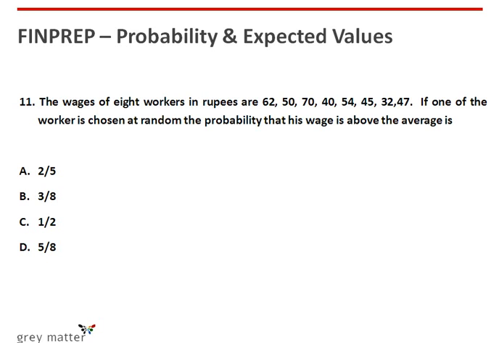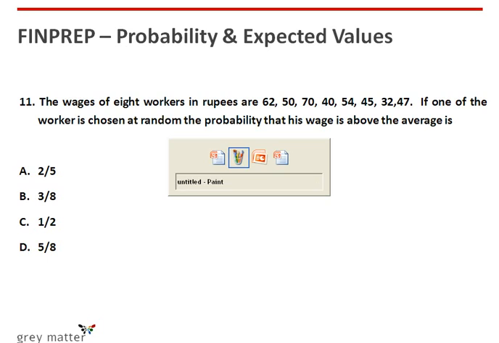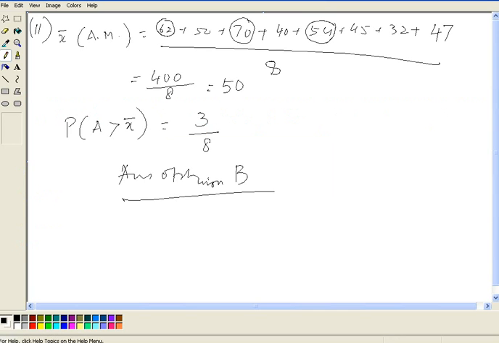11th question, the wages of 8 workers in rupees are 62, 50, 70, 40, 54, 45, 32 and 47. If one of the workers is chosen at random, the probability that his wage is above the average is, going to our work area, we find the arithmetic mean or the x bar is computed as follows.